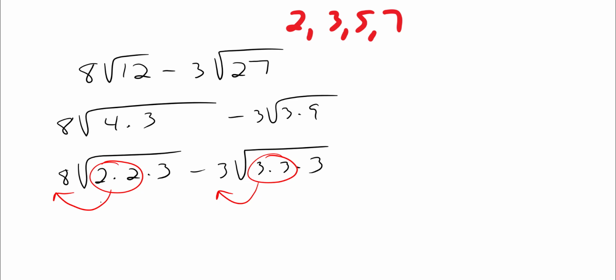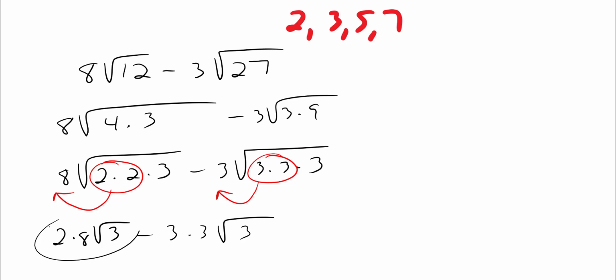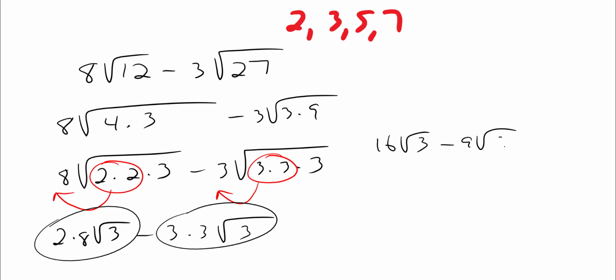When it comes out, you have 2 times 8 with a root 3, minus 3 times 3 with a root 3 left over. So this first one gives us 16 root 3, and this one gives us minus 9 root 3. Sweet! Same number under the radical. 16 minus 9 is 7. The answer is 7 root 3.